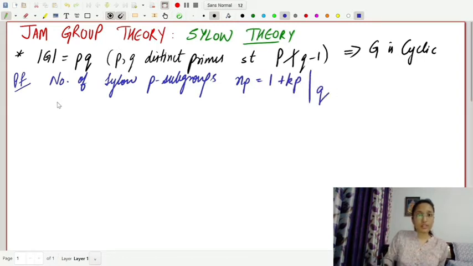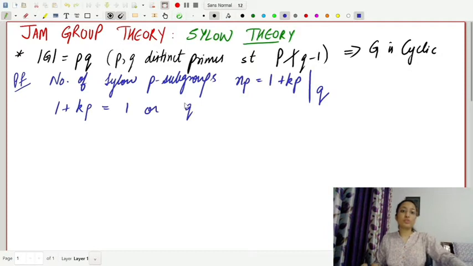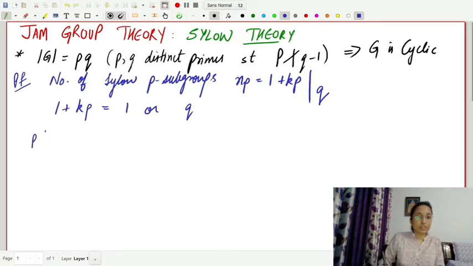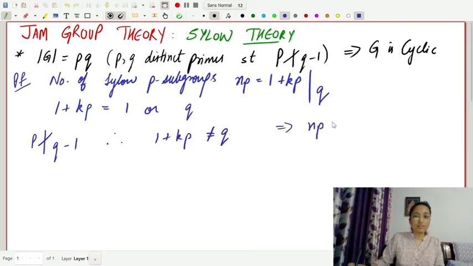In that case, 1 plus kp is either equal to 1 or Q, because since Q is prime, it has only two divisors, 1 and Q. But as we know, P doesn't divide Q minus 1. Therefore, 1 plus kp cannot be equal to Q, which in turn implies Np is equal to 1.